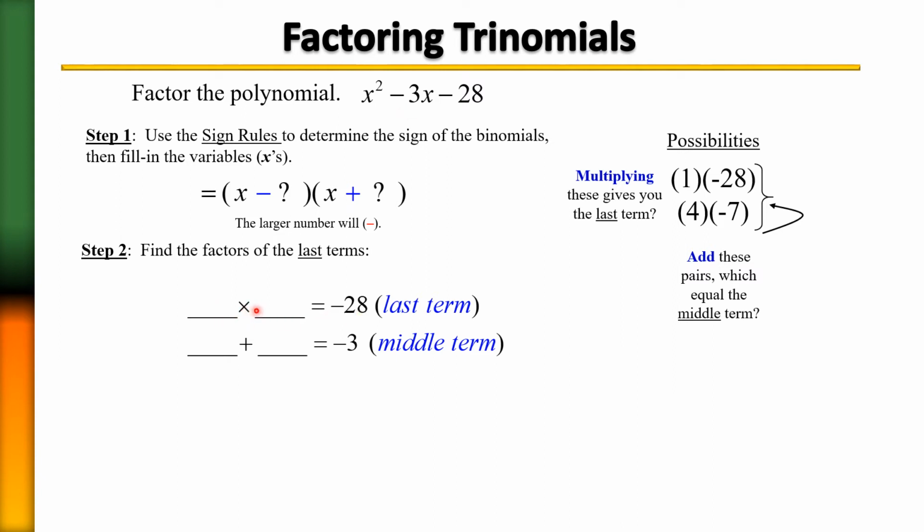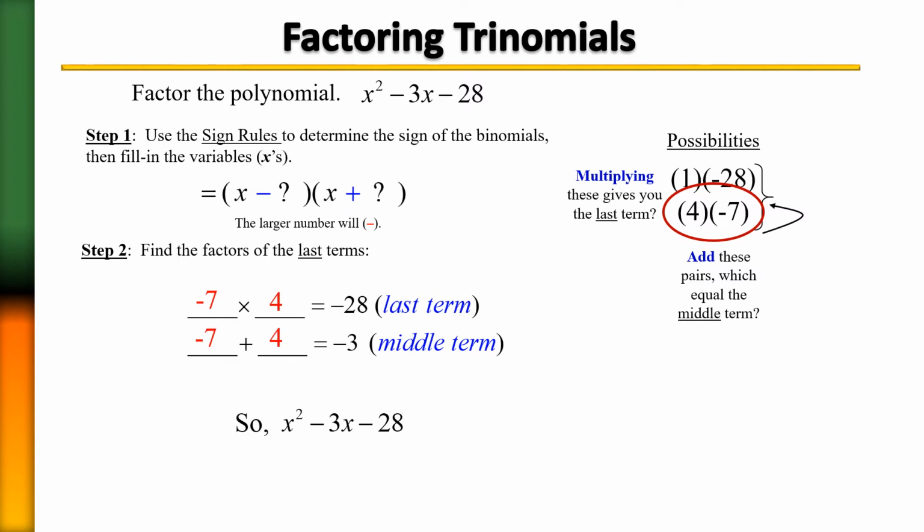We already know these two pairs meet the first criteria, that when we multiply two numbers, it equals negative 28. Now we need to know which one meets that second criteria, not both of them, only one of them, to where when we add them together, it will give me negative 3, my middle term. And the correct choice is the positive 4 and negative 7.